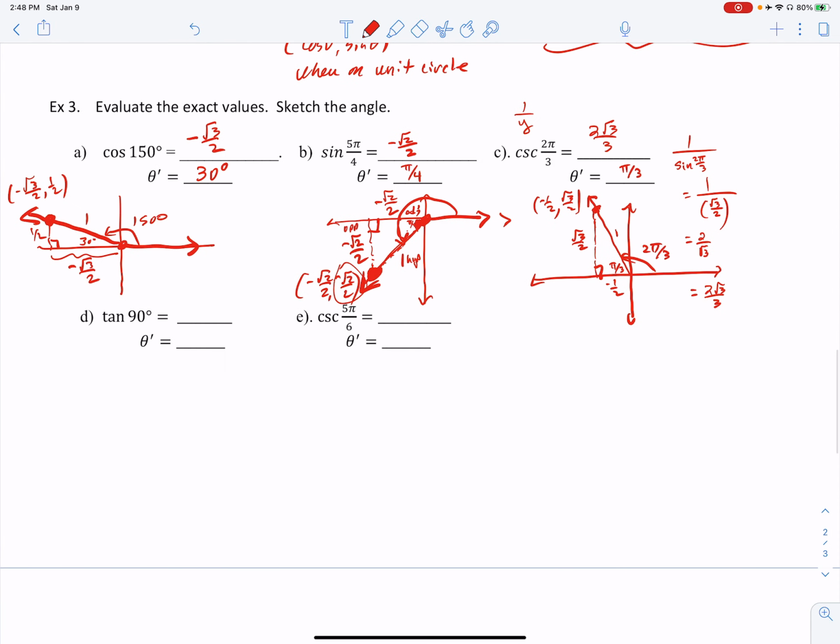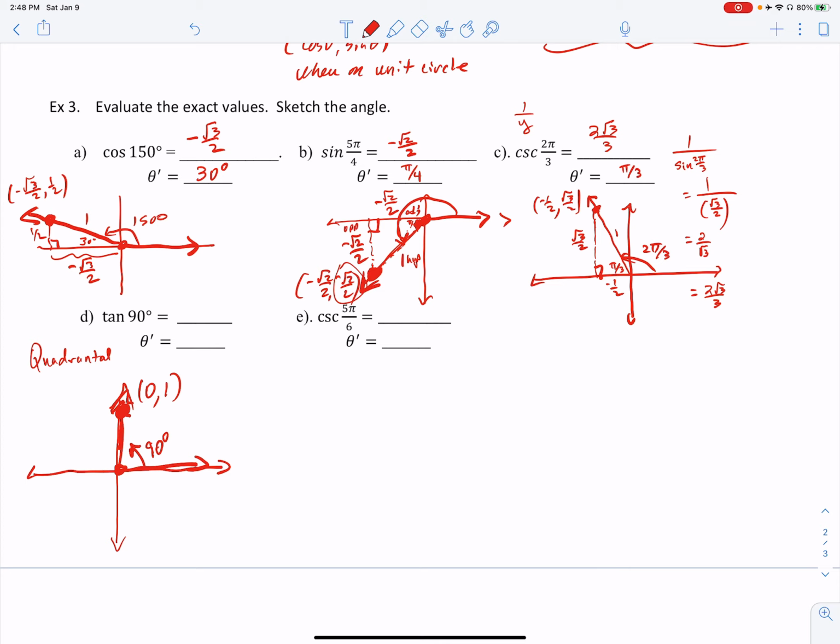All right, and then tangent of 90 degrees. This is what we call a quadrantal angle, because it ends on one of the axes. So we go from here to here, and we end up right here. That's your 90 degrees. We are not going to be dropping an altitude. We're not going to be using a reference angle. That's how they're different. We just have to think, if this is a point where the terminal side hits the unit circle, that point is, you don't go to the right or left any, but you go up 1.